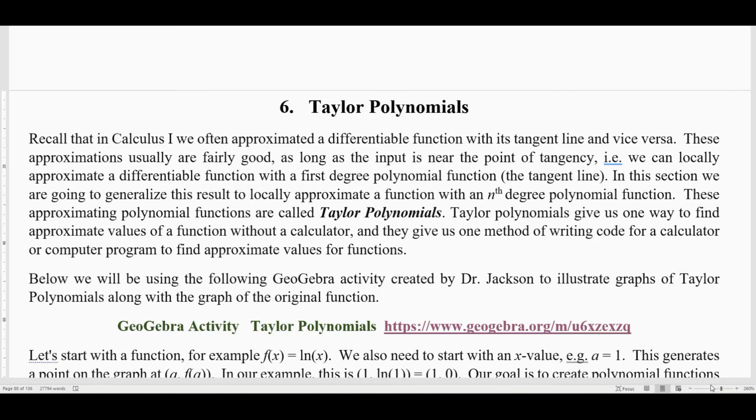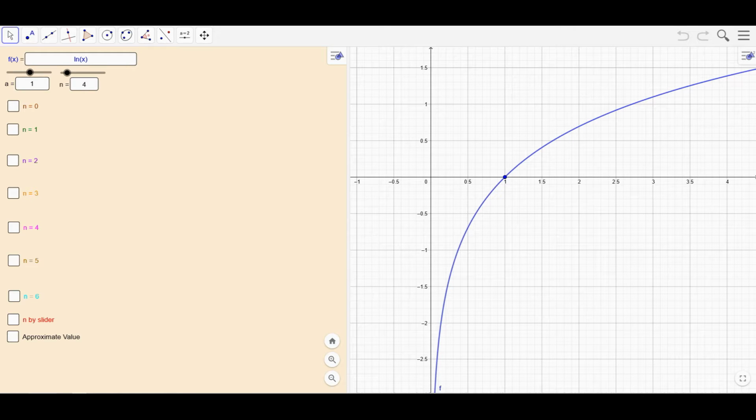So throughout this section, we're going to be using the following GeoGebra activity that I created to illustrate graphs of Taylor polynomials along with the graphs of the original functions. And there's the link there if you want to use that. So here is that setup. You can enter in the formula for a function here.